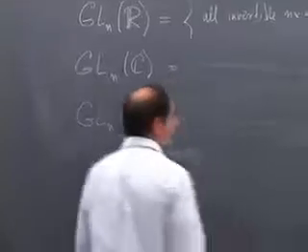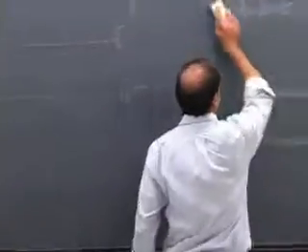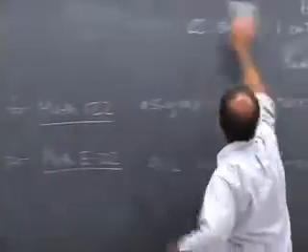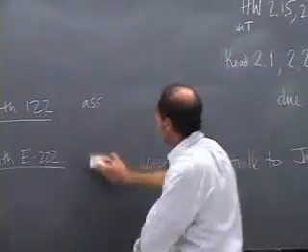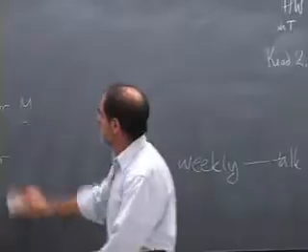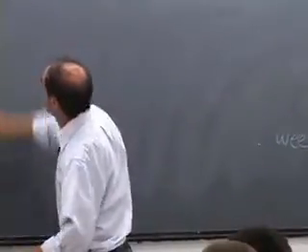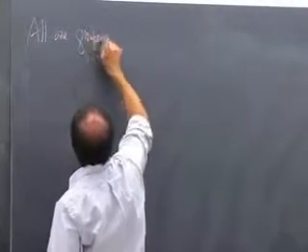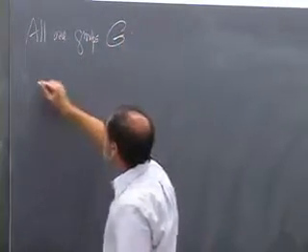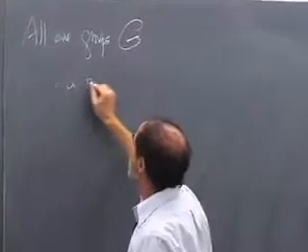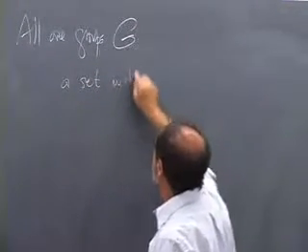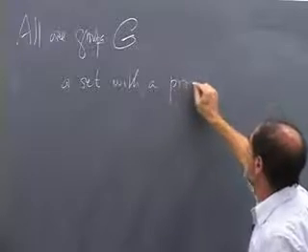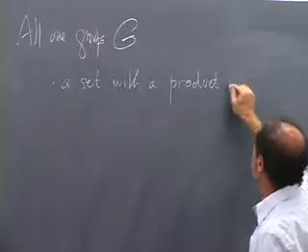Let's remember, first of all, what a group is. Having defined this, we showed that it was a group. A group G is, by definition, first, a set with a product structure.